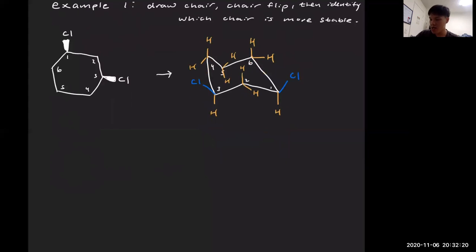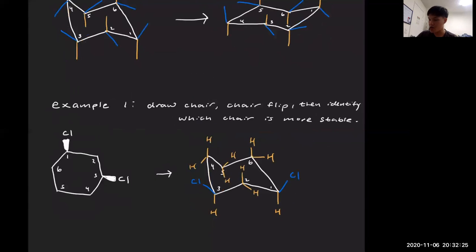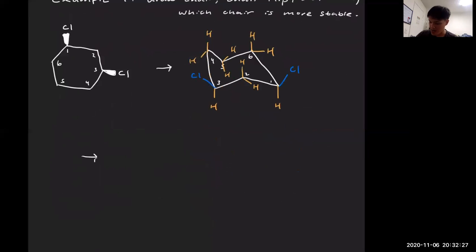And now I'll draw the chair flip. A chair flip is going to be the other way, how I drew it before, where I had it this way now, right? And then the 1 starts up here, 2, 3, 4, 5, 6, right? Now there's a couple ways to do it. You can do it again for each carbon here, but I know that in a chair flip, the direction stays the same, but the conformation changes.